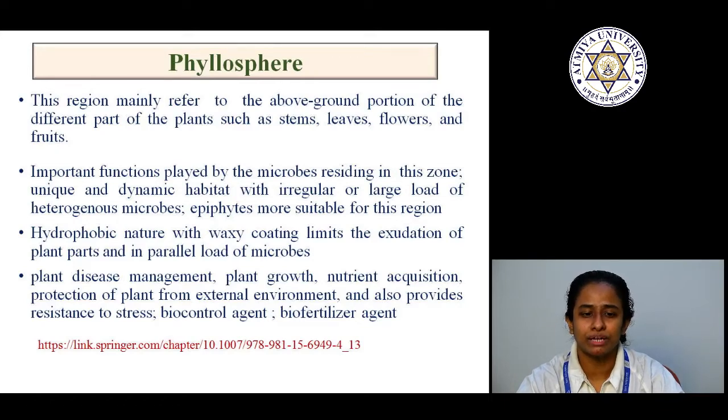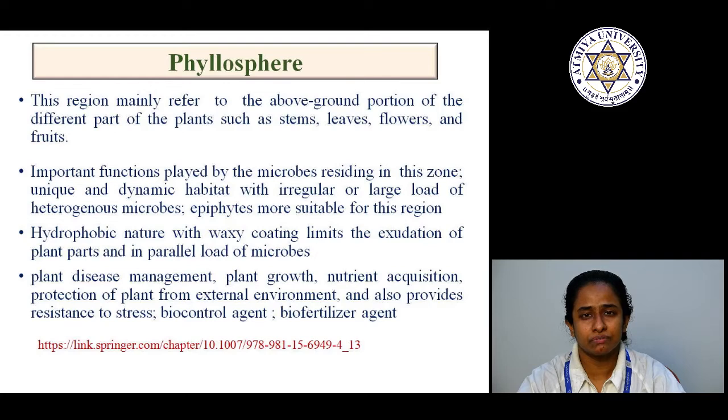Now, talking about the phyllosphere, mainly important microorganisms play a role in this zone and they are very different from the rhizosphere. This is a dynamic zone because it is a transient zone too; you cannot always find the same type of microorganisms, and they are not resident flora. Resident flora means the permanent inhabitants of a place, but these are transient flora.